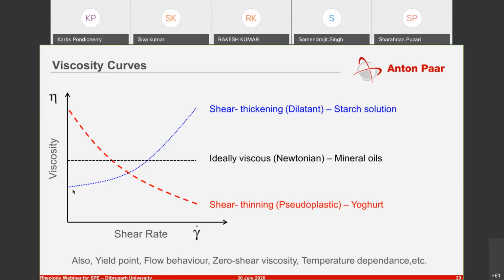And then if you are increasing that, like a starch solution, so when you apply high shear, it's going to stiffen, thicken. That is typical for a starch solution. And for other materials like water or mineral oil, which don't have a structure per se, I mean, they do have a chemical structure, but not a physical, like, polymeric chain or some kind of bonding. There, you don't have any effect of shear rate on the viscosity.